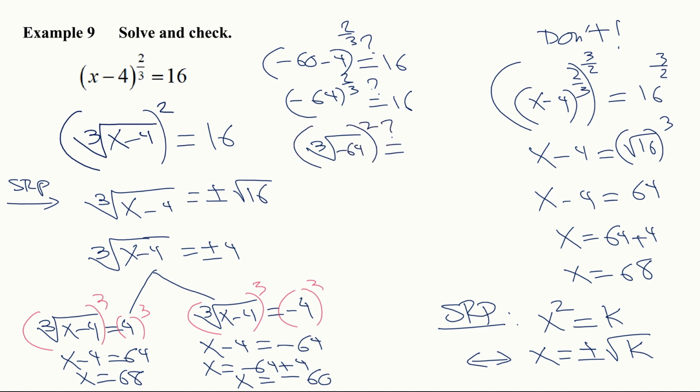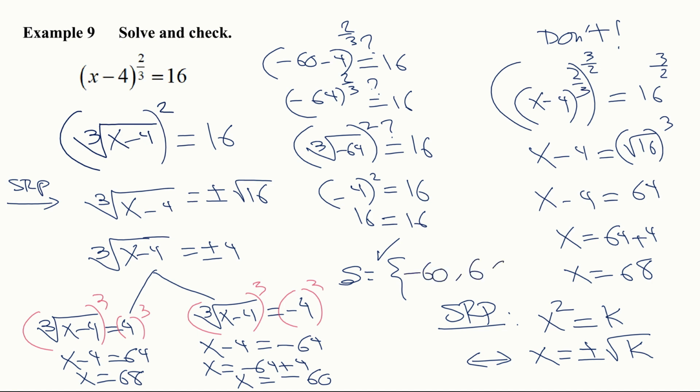Cube root of negative 64 is negative 4, but when you square that, you do in fact get 16 equals 16. So this checks out as well. So remember, we have two solutions, namely negative 60 and 68. They both work.